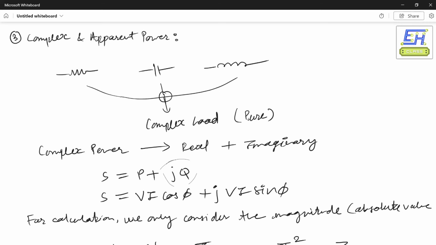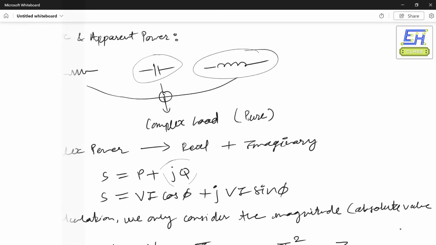But in the real world, we have parasitics: the capacitor and inductor will have some parasitic elements inside them, like resistance and parasitic capacitance and inductance. So even though they might look pure to you, you'll have some real value to them as well.